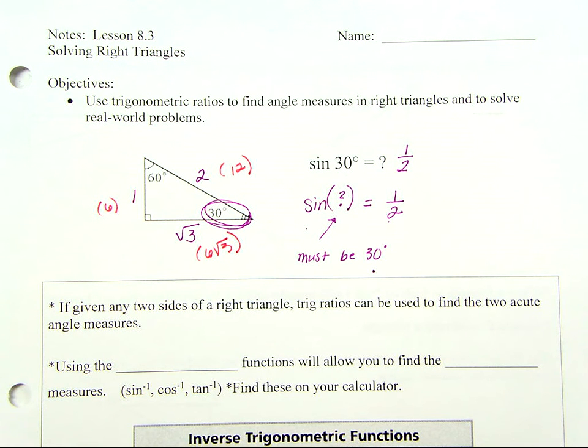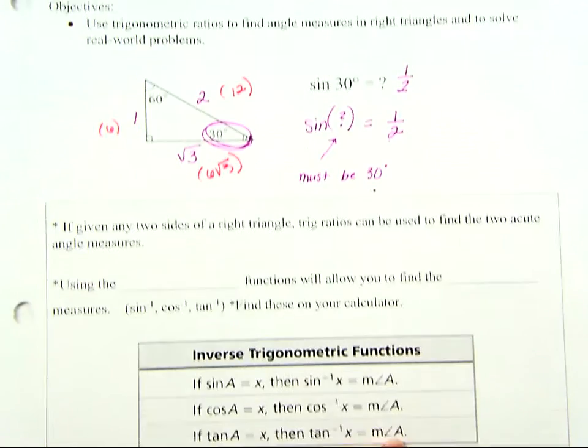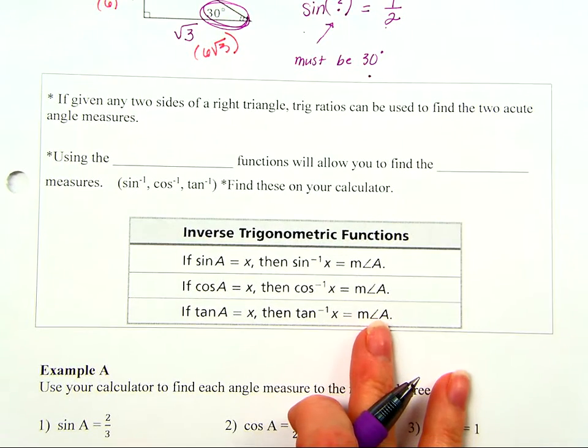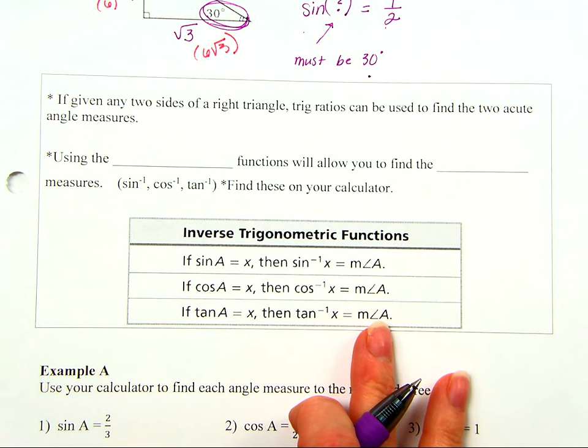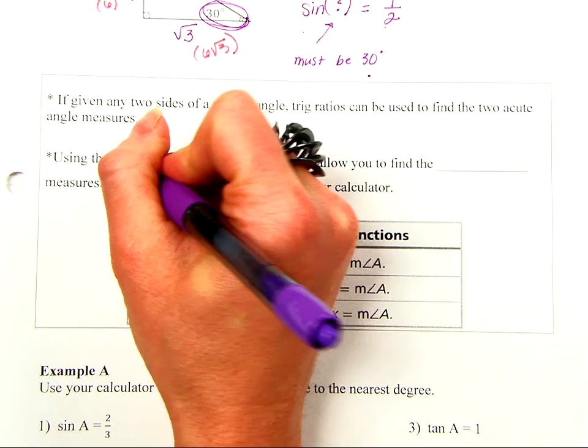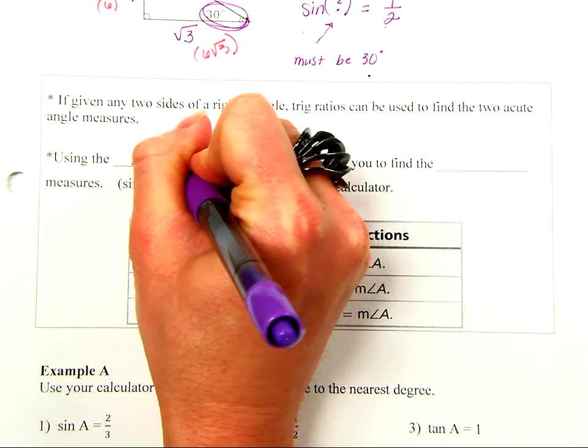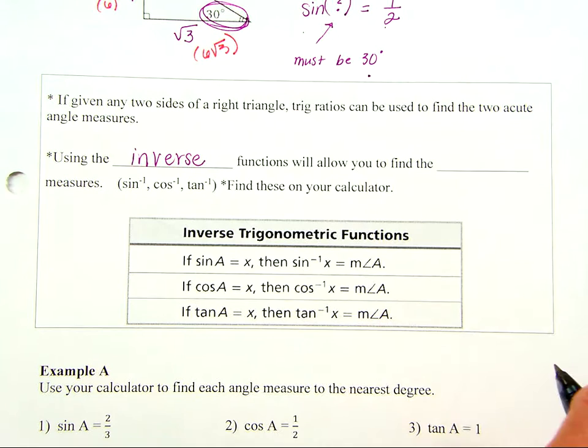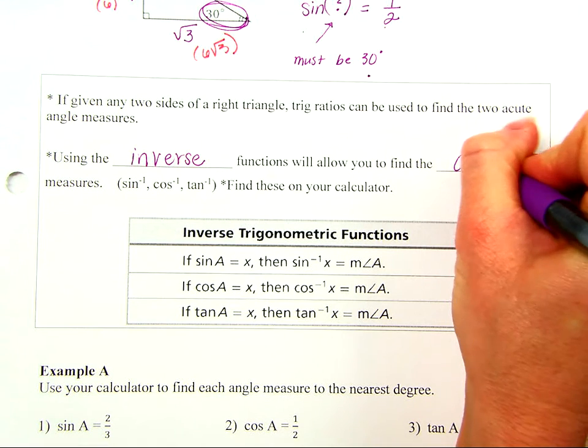Now, we actually are going to talk about using the inverse trigonometric functions. So looking down below, it says, if given any two sides of a right triangle, trig ratios can be used to find the two acute angle measures. Using the inverse functions will allow you to find the angle measure.